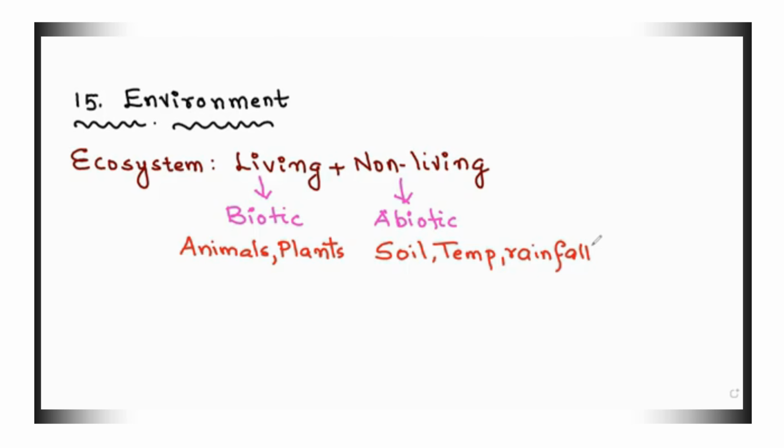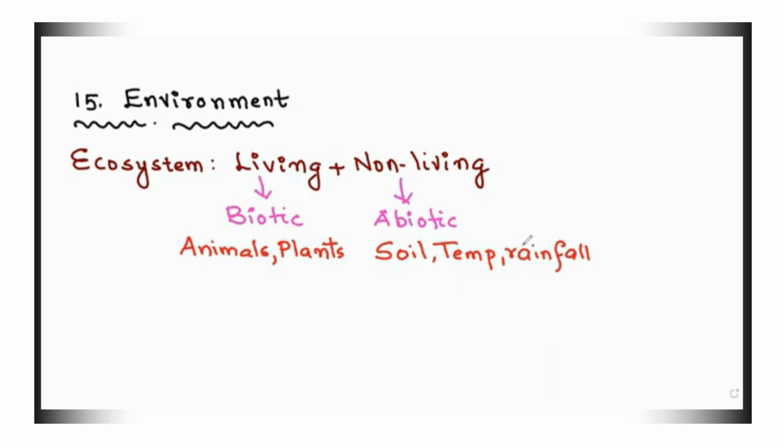So an ecosystem consists of biotic components, which are the living organisms, and the abiotic components, which are the physical factors like temperature, rainfall, etc.